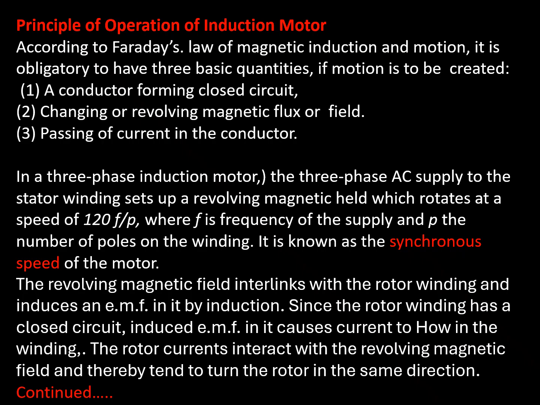The rotor current interacts with the revolving magnetic field and thereby tends to turn the rotor in the same direction. We'll see this through a diagram in the next lesson.